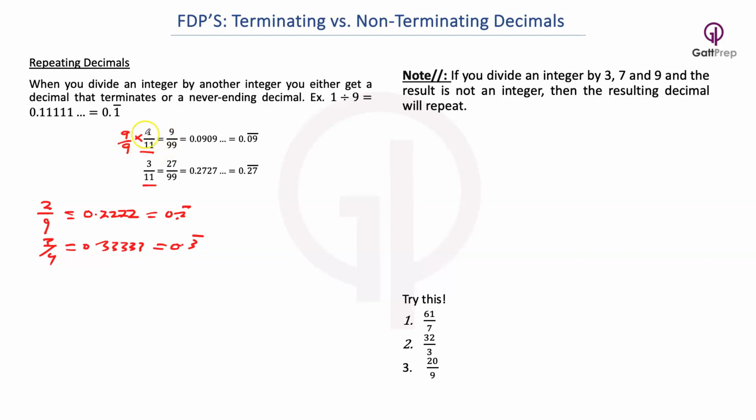And so 9 times 1 is 9, 9 times 11 is 99, which is what? 0.0909, and then it's approximately 0.09 bar. We can do the same with this 9 over 9 placebo fraction, and then 9 times 3 is what? 27, and then 9 times 11 is 99, and then here it gives you this nice pattern, 0.2727, which is approximately 0.27 bar because 27 will repeat.